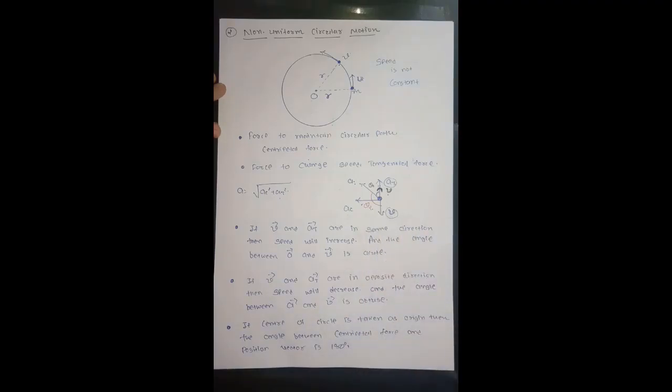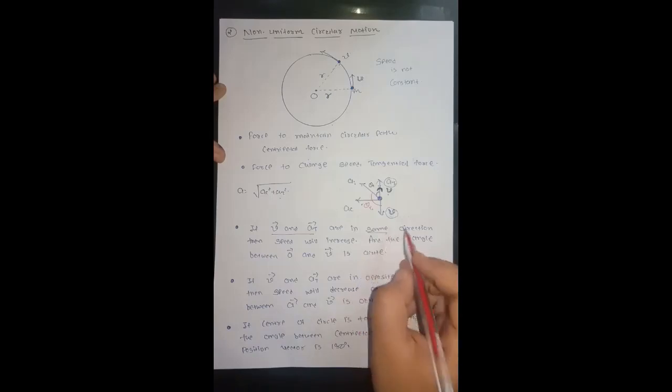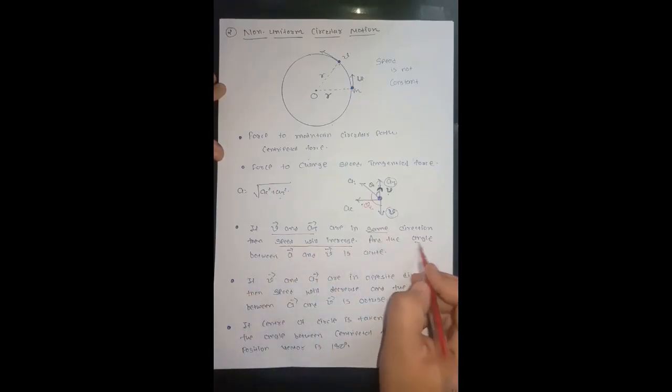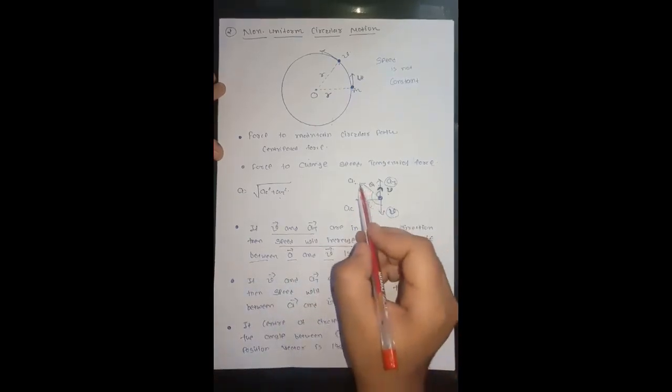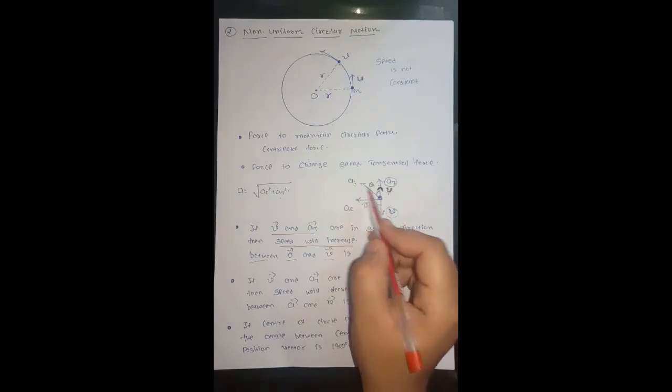So if v and AT are in same direction, then speed will increase and the angle between A and V is acute. Here we can see speed and acceleration are, velocity and acceleration are in same direction, speed is increasing, so angle between acceleration and V is acute.